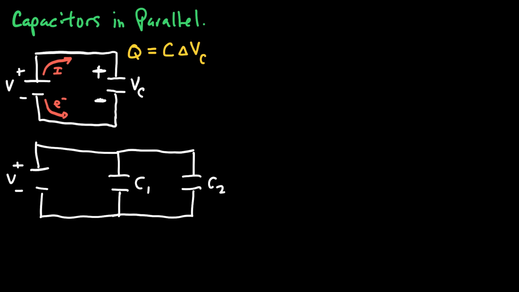The charge that will be stored by C1, so Q1, is equal to the capacitance of C1 times the voltage across it, which for now we'll call delta V1. The charge stored on capacitor C2, Q2, is equal to C2 times the potential difference across that capacitor.